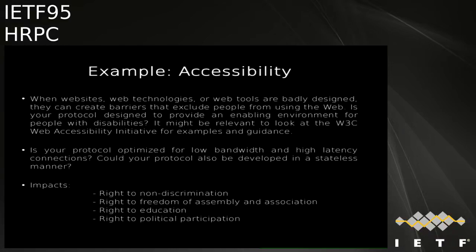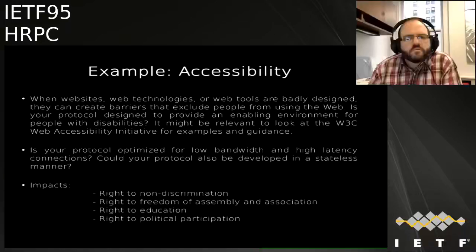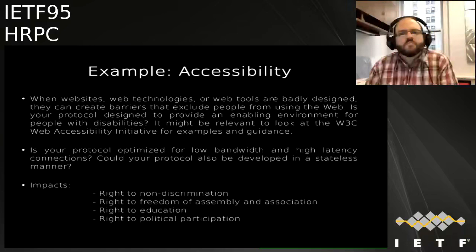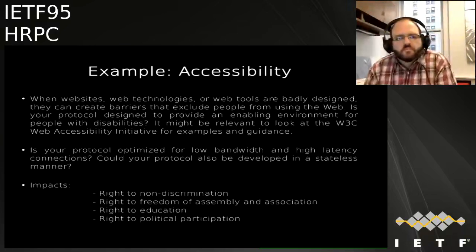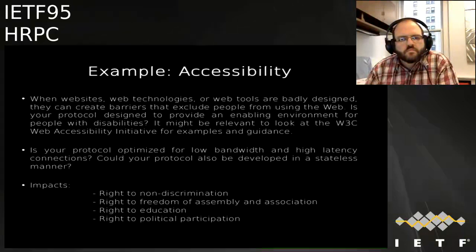So an example of this that you can see in the draft as well is, for instance, accessibility. Sometimes you can create certain barriers for people to use the web. Now, a question you can ask yourself when it comes to this is, is your protocol designed to provide an enabling environment for people with disabilities? And then, for instance, you could look at some of the references here from the W3C.